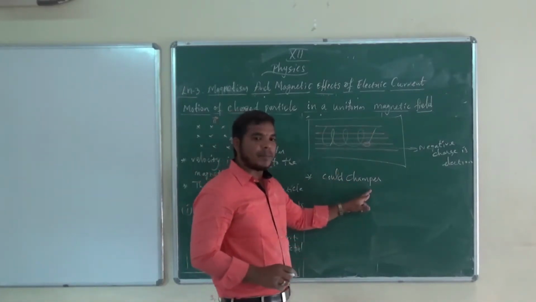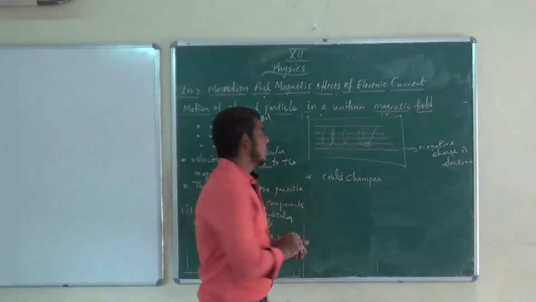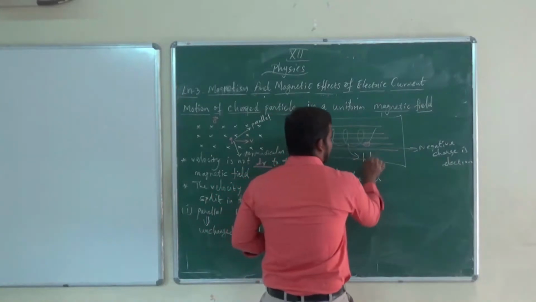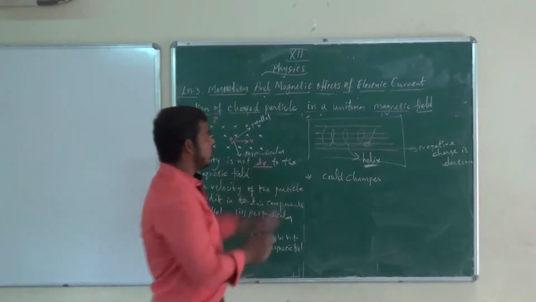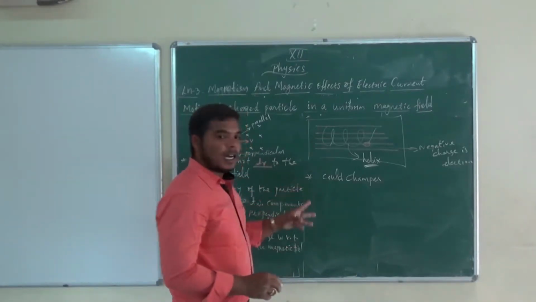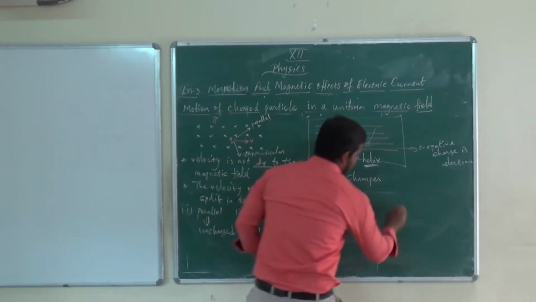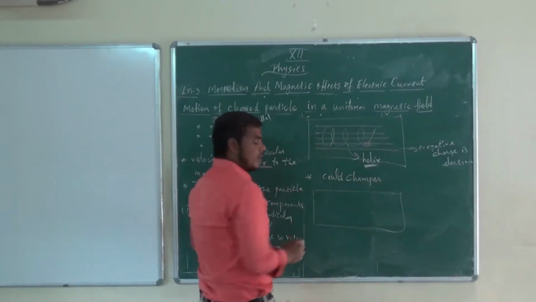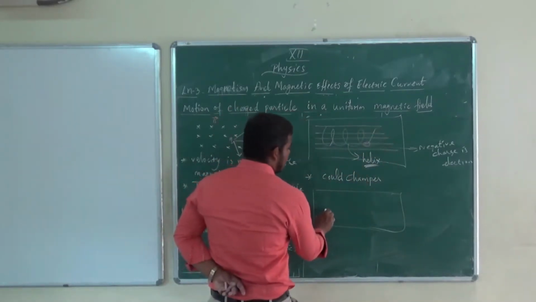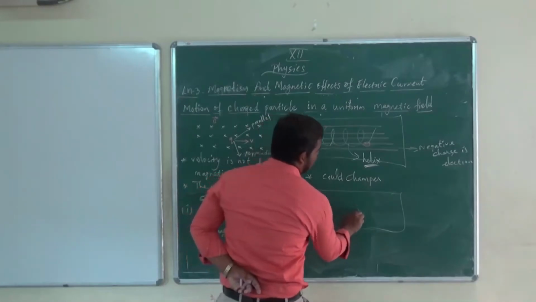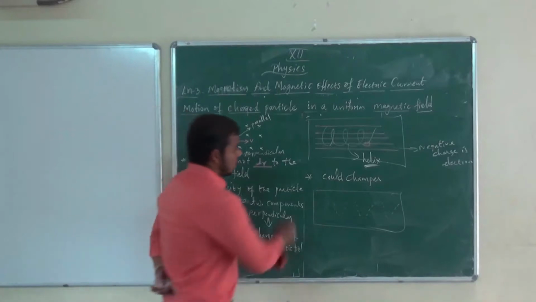If you use the cloud chamber, you can find the movement of the negative charge, which is a helix. In the cloud chamber, it is nothing but condensation. Underline that: condensation of water droplets.